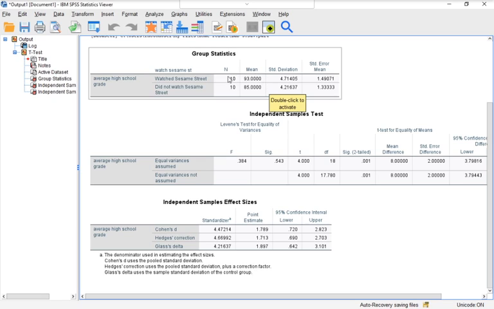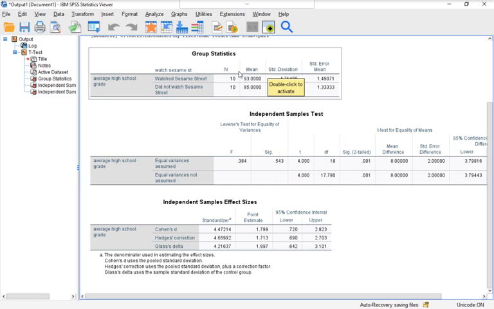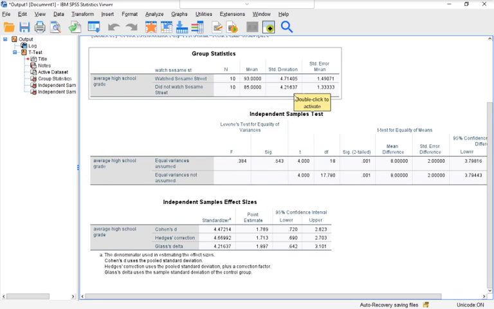I talked about the assumptions for an independent t-test, and this is the assumption of homogeneity of variance. In order to compare two different groups, you want the variance within each of those groups to be the same. Otherwise, you can't compare them. So this is just telling us, yes, we can compare the two groups.